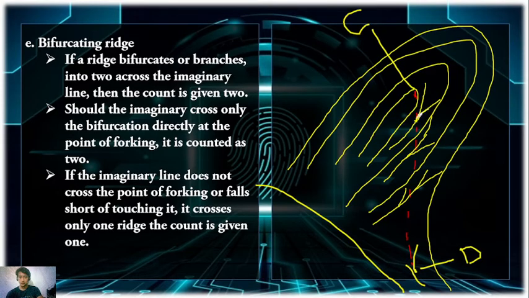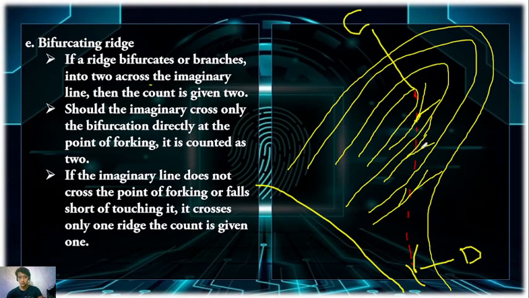Sabihin natin ganito. So again, sabi dyan sa rule 1, if the ridge bifurcates or branches into 2 across the imaginary line, then the count is given 2. So across, or yung sa bifurcation, both of the branches of the bifurcating ridge are crossed by the imaginary line, then they are counted as 2.